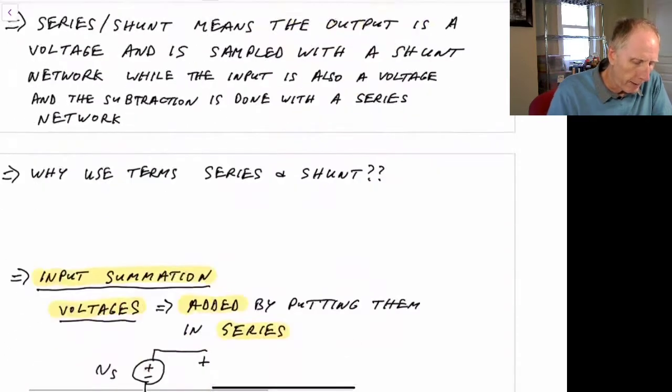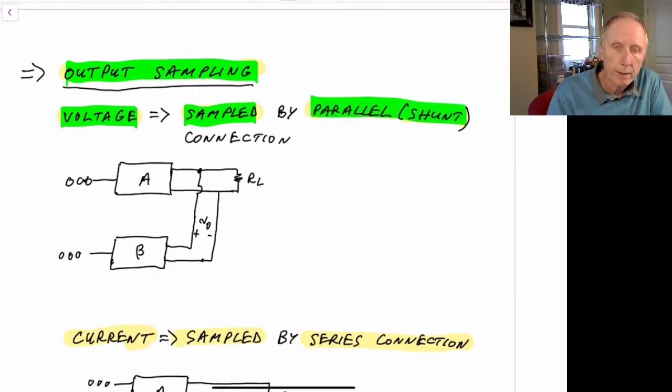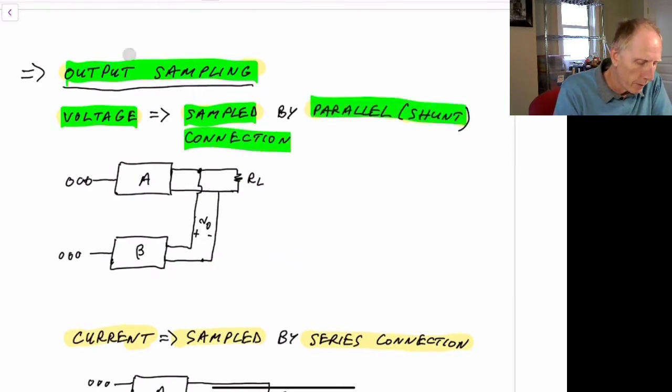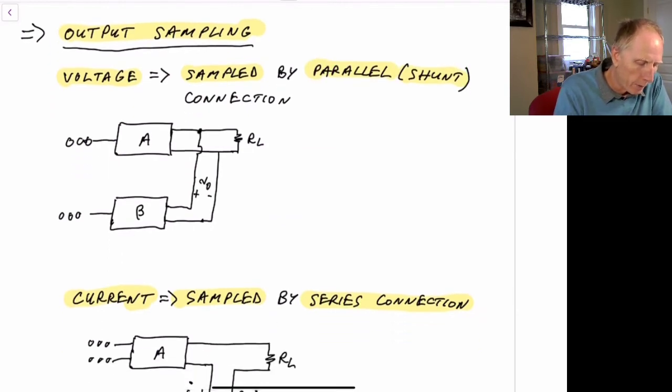So now if the output is a voltage output, then we sample it just by taking a parallel or shunt connection. In other words, if our output happens to be a voltage, V out, we can just make a parallel connection here and feed that into our beta network.